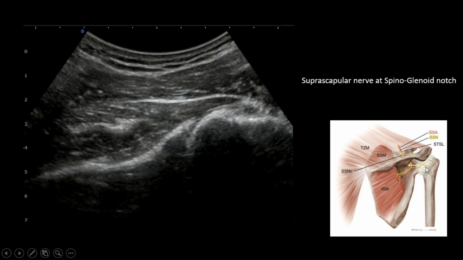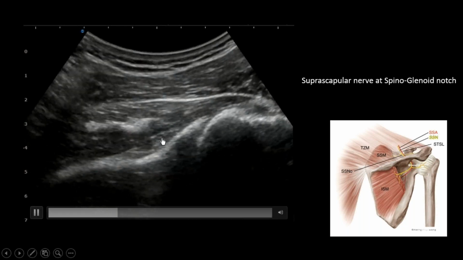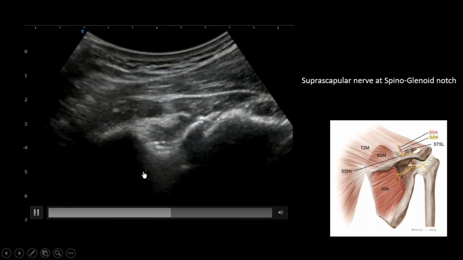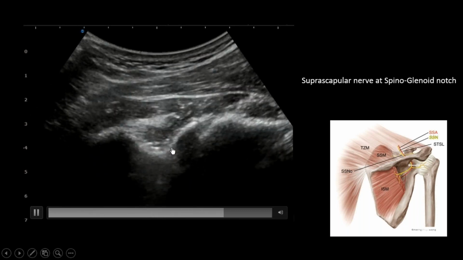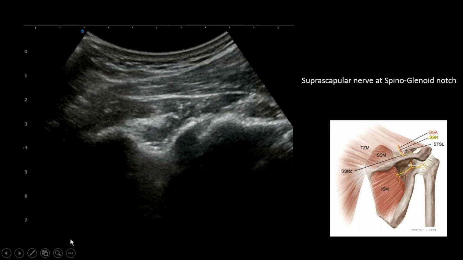So I'm transversely across the posterior joint, and I'm going to move medially to be on this spinoglenoid notch to get the suprascapular nerve. So now moving medially, and now you can see the groove in this area, the notch, and you can see the hyperechoic bright structure. That's the suprascapular nerve.